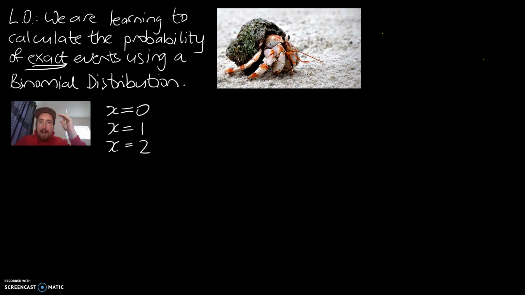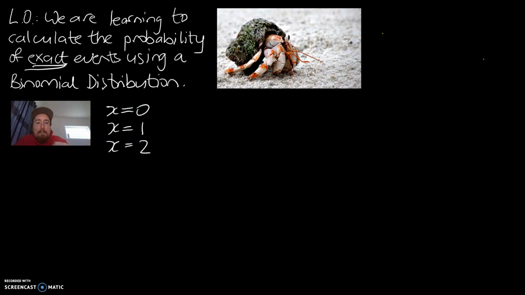And today I thought I would run with a bit of context to help illustrate how to find the probability of an exact event. And you'll see a photo of a hermit crab, and in that crab you'll see its shell. Typically, hermit crabs grow, they find a shell, and once they've outgrown that shell, they'll go find another shell.